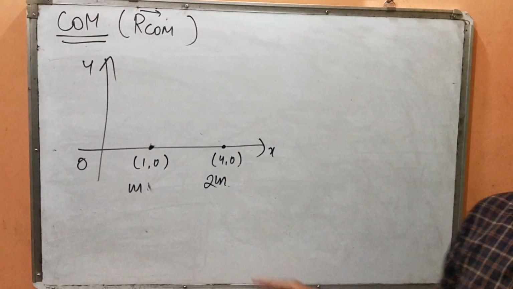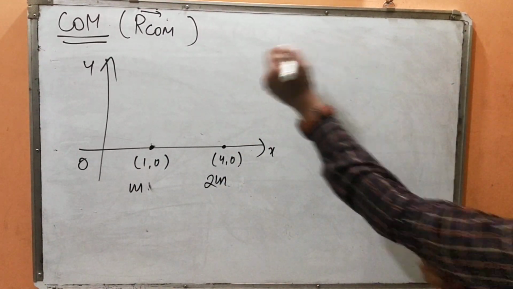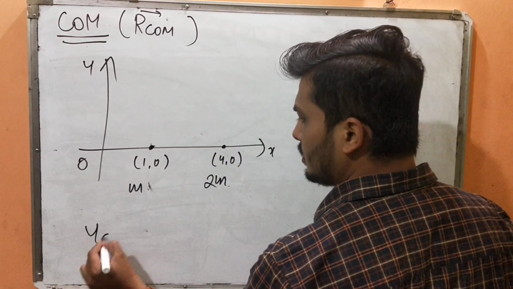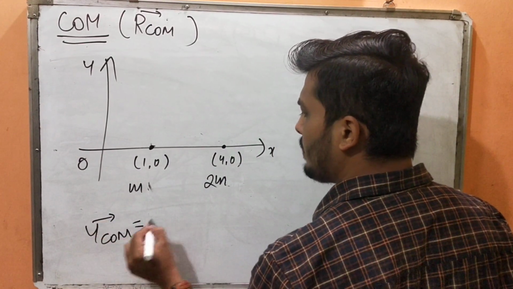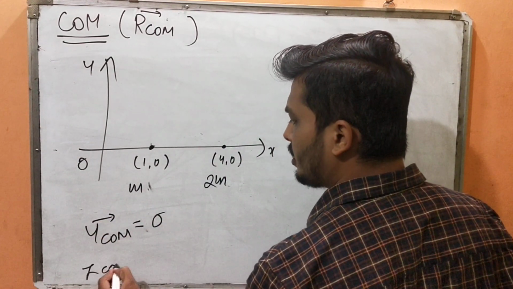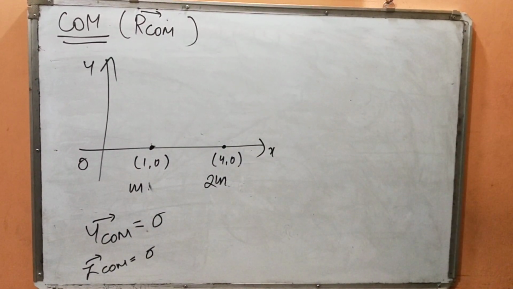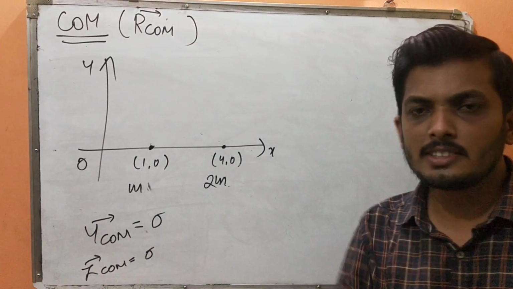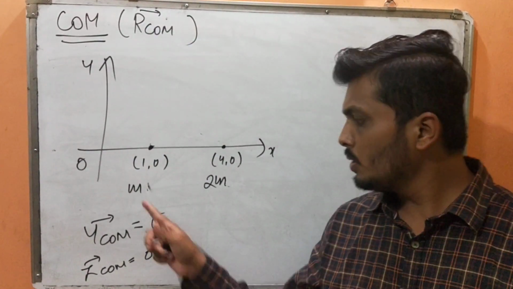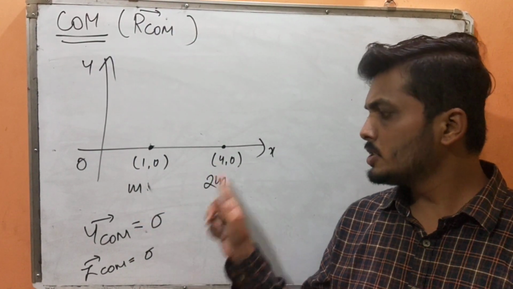It's 0. So how do you calculate its center of mass? Obviously, without calculating, y center of mass will be 0. Z center of mass will be 0 because the object is nowhere concerned with the y-axis and z-axis. Look here, there is no z-axis to represent. Definitely you can write 0.